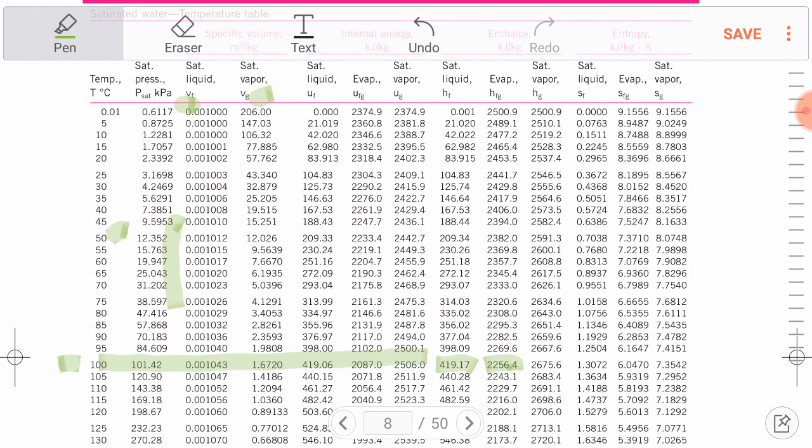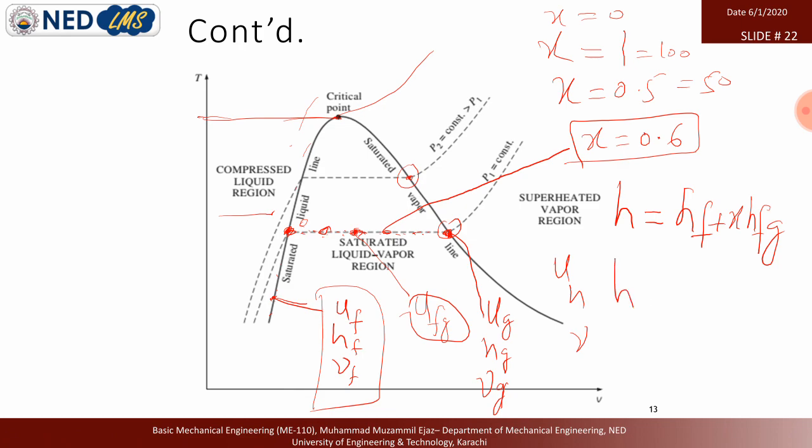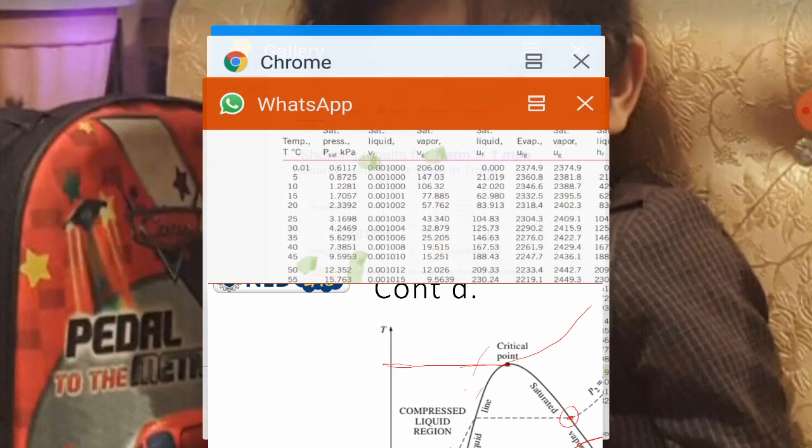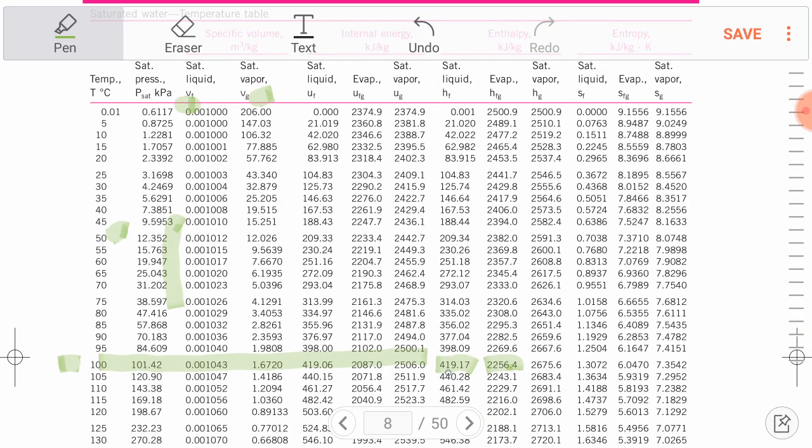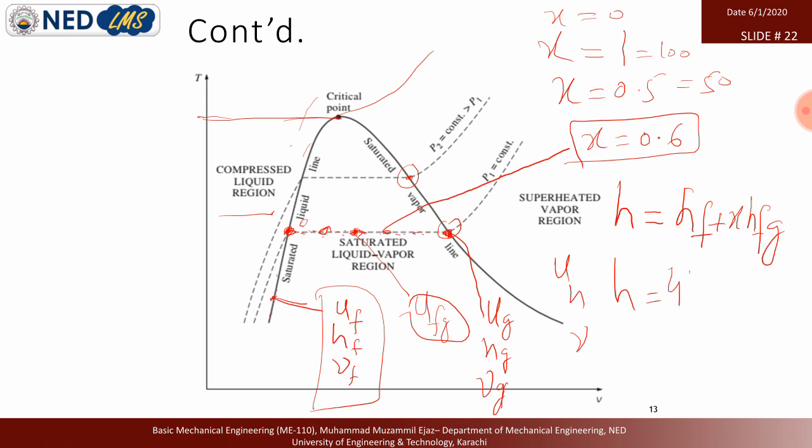Now we put these two values here. HF is 419 and HFG is 2256. So 419 plus 0.6 multiplied by 2256. Multiplying and adding, we get the enthalpy at quality 0.6.